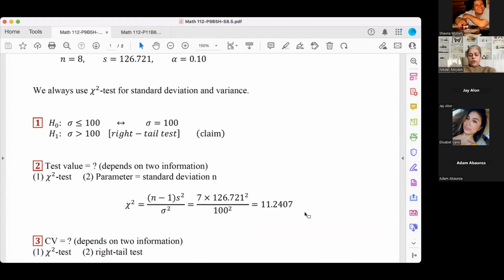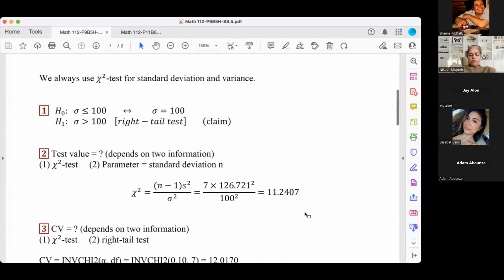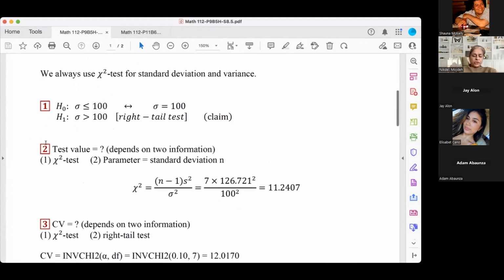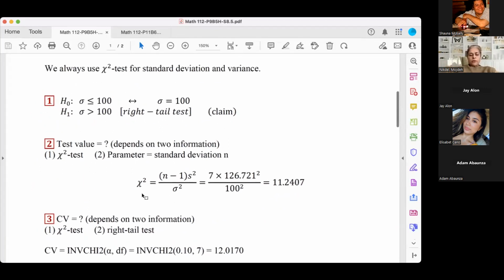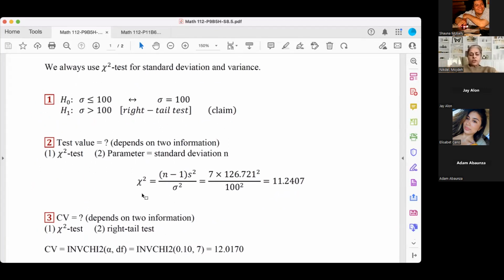Any question? So remember, the critical value has to be step 2. Now we have to decide to reject or not reject null.